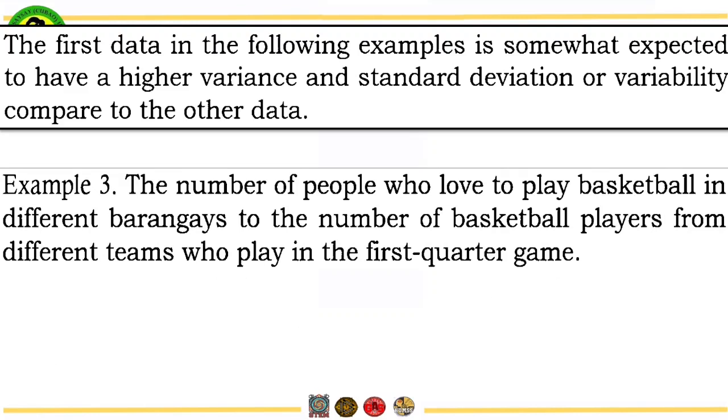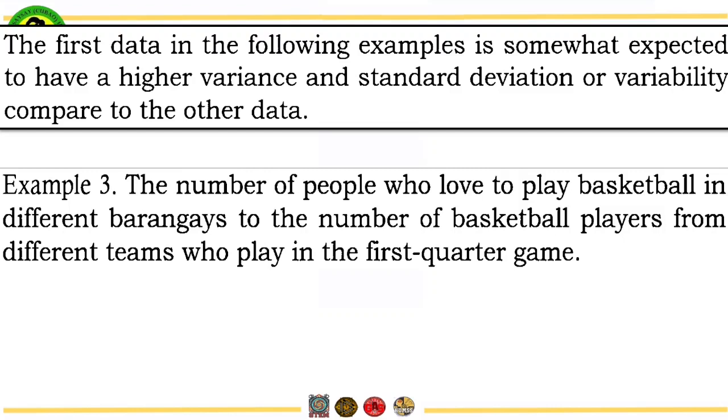The number of people who love to play basketball in different barangays compared to the number of basketball players from different teams who play in the first quarter game. The number of people who love to play basketball compared to the number of basketball players.